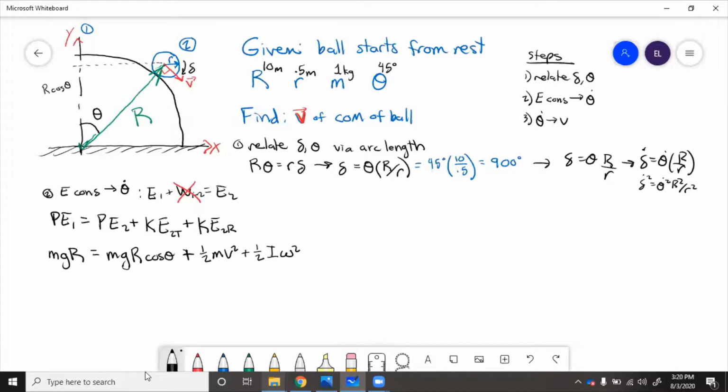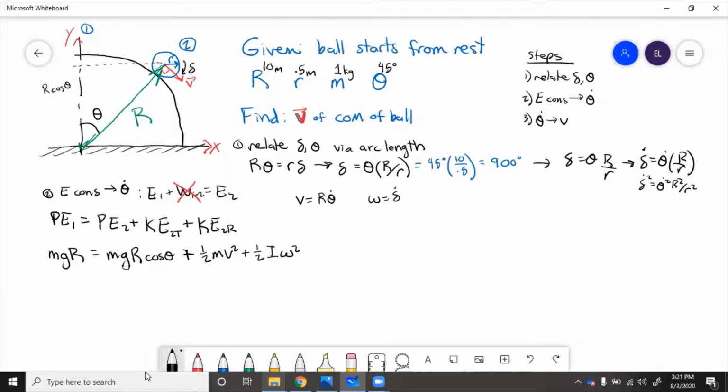But now we need to get rid of a lot of the things that we don't know, so we can boil this down to just one unknown, theta dot. Well, we know that v equals R theta dot for the linear velocity, and omega equals delta dot. And we see over here, taking the derivative of the delta equation, that equals theta dot times R over r.